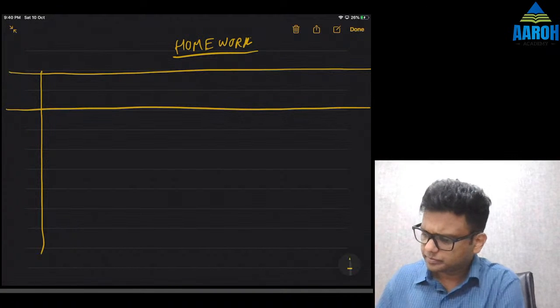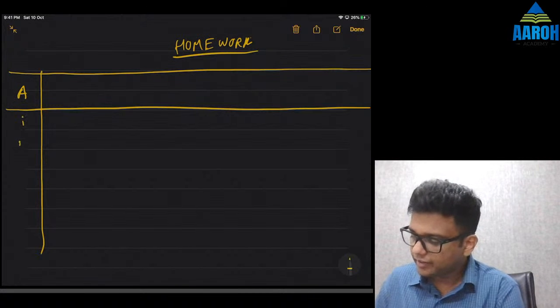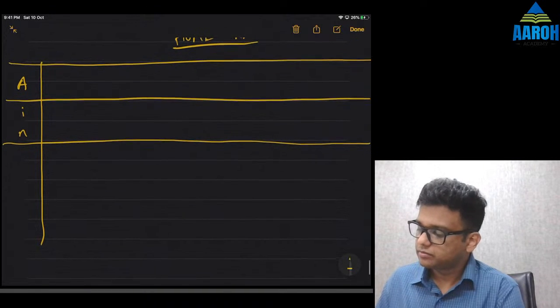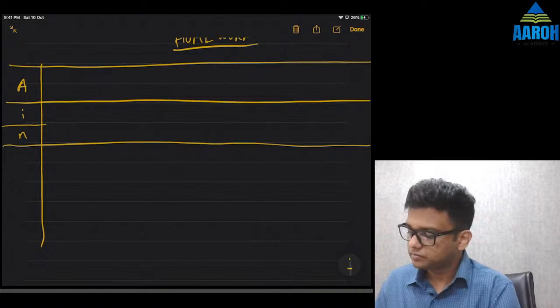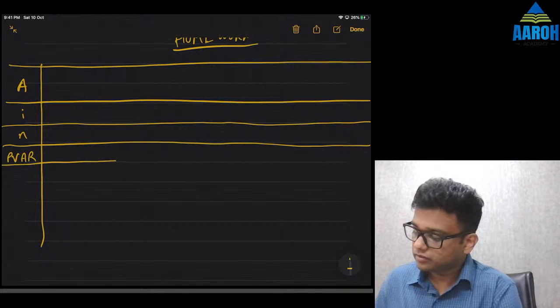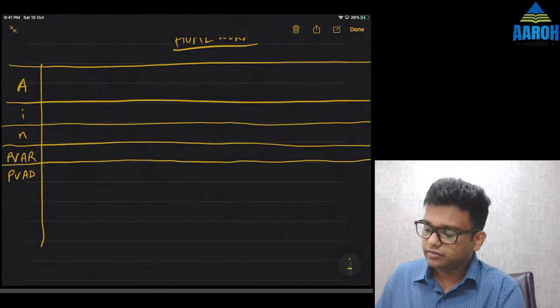Let's say some multiple values will be given: annuity amount, I, N. Then PVAR, PVAD.